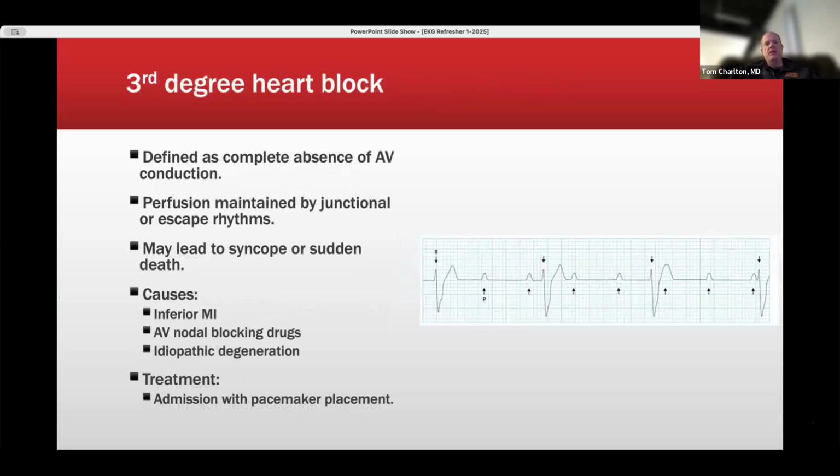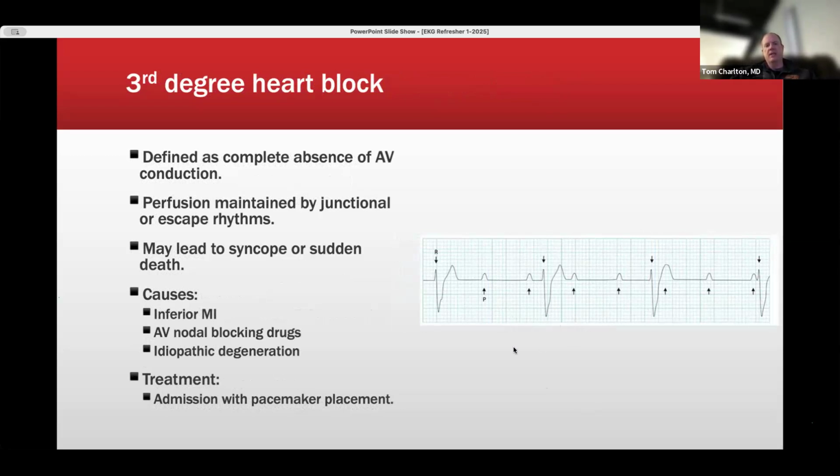Then we get into the third degree heart block. And this is probably the easiest of them to remember, which is the P waves have nothing to do with the QRSs and the QRSs have nothing to do with the P waves. So again, the AV node or the myocardium itself is what's going to be keeping the electricity going. So in this situation, this is probably around that 45 beats per minute or so.